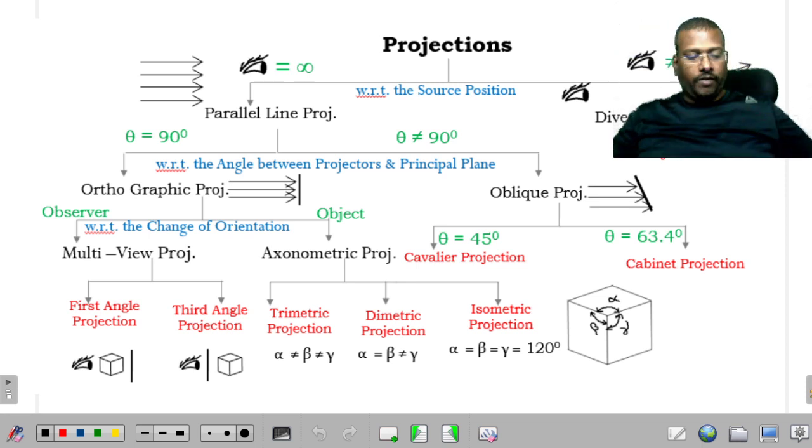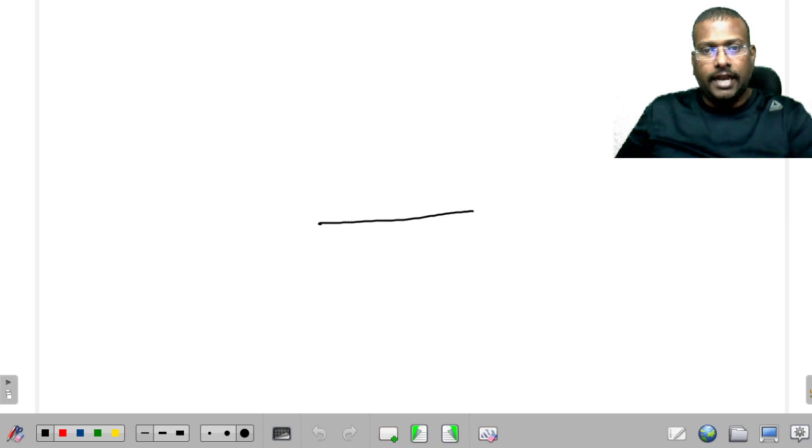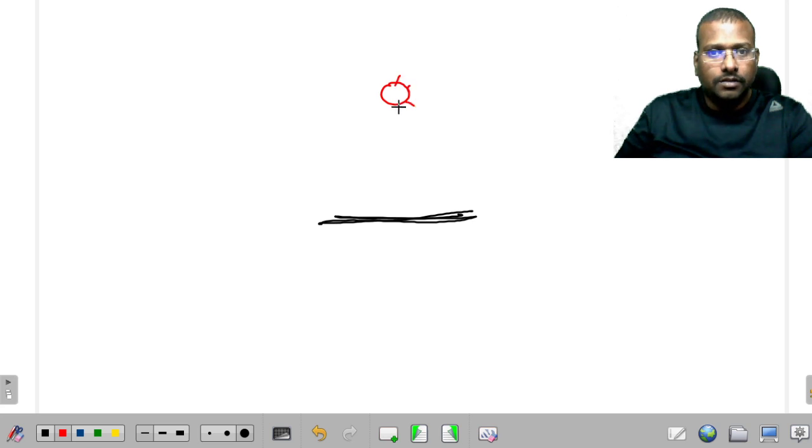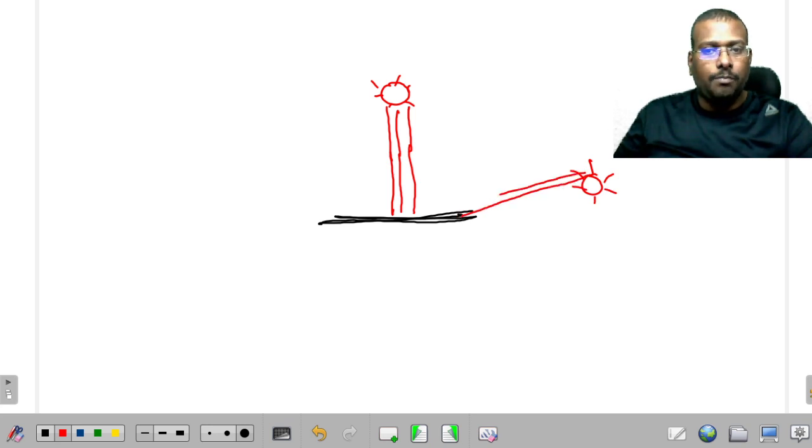Let us consider the earth as a principal plane. If the sun is at 12 noon, the rays are perpendicular to the principal plane. Now if the sun rises, the rays are parallel to each other, but this angle is not 90 degrees.